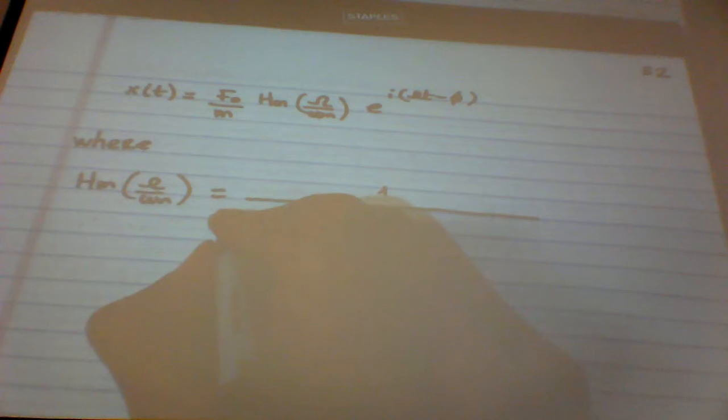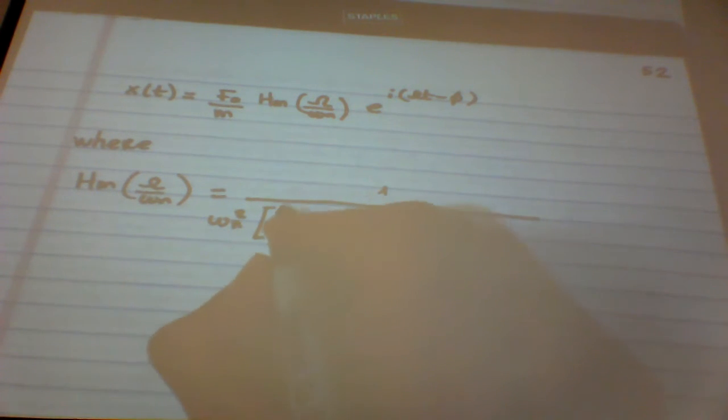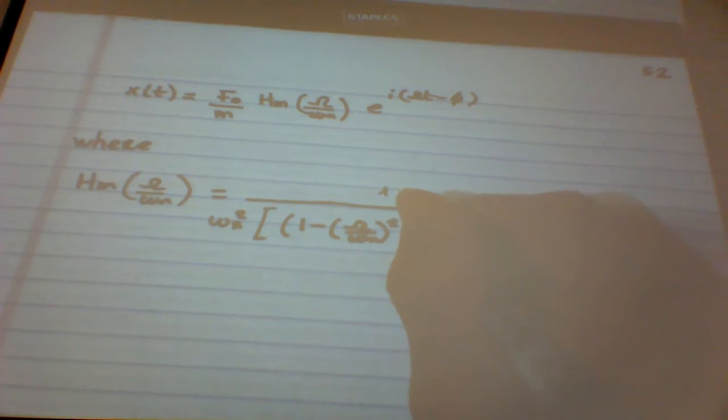And then the square root of 1 minus the ratio squared, capital omega over omega n, everything squared, plus 4 psi squared times the ratio squared. Oh, psi squared as well. At least that's what I got. Yeah, that's what it is.